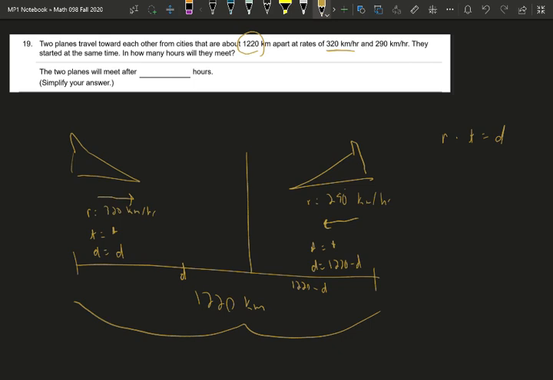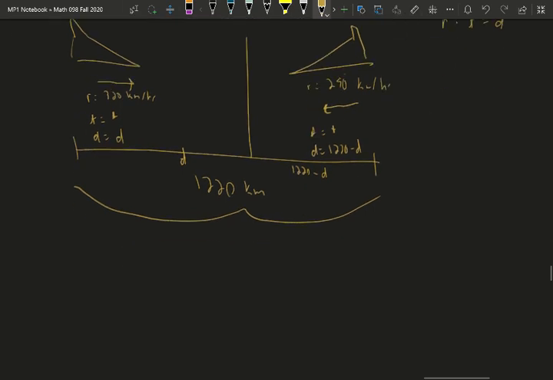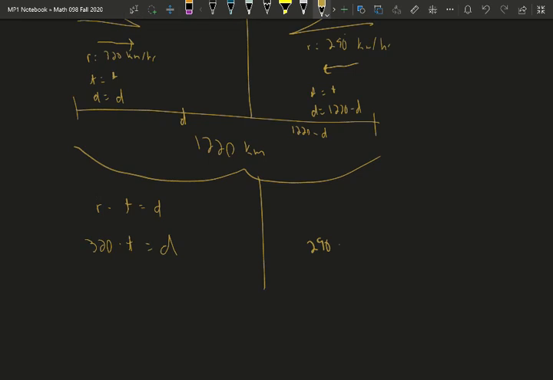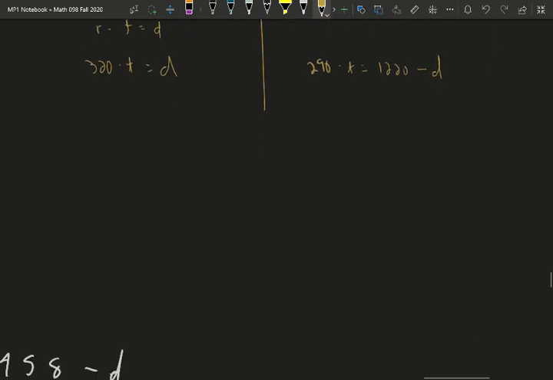Nice. Okay, let's map out both of them. Rate times time equals distance. So 320 times T equals D. For this one, 290 times time, which is T, equals, and this distance, remember, was 1,220 minus D. A couple of ways you can do this.